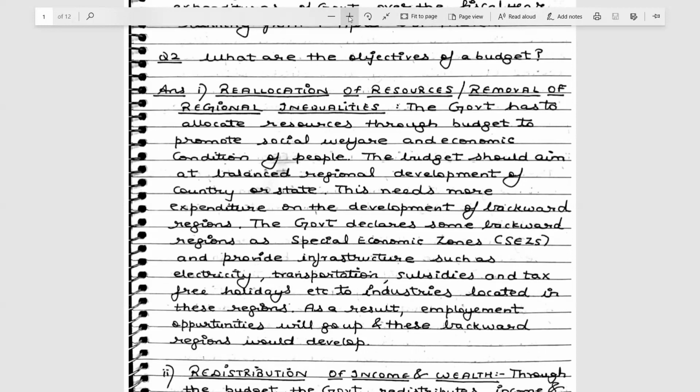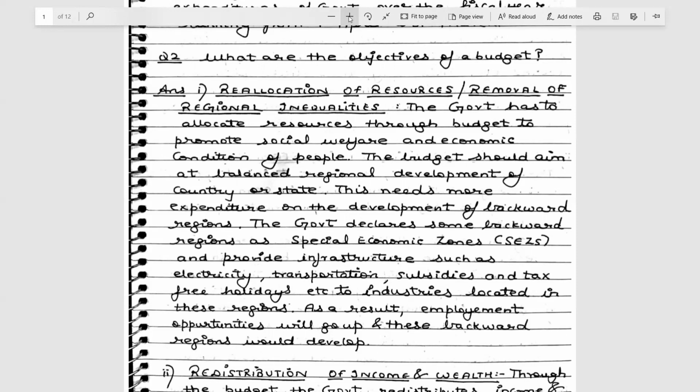As you can see on your screens, the government has to allocate resources through the budget to promote social welfare and economic conditions of the people. The budget should aim at balanced regional development of the country or state. The budget should not be prepared in such a way that one state is developing very fast and another state is developing slowly. Obviously, the budget should be balanced so that every region or state of the country is developing at an equal pace.